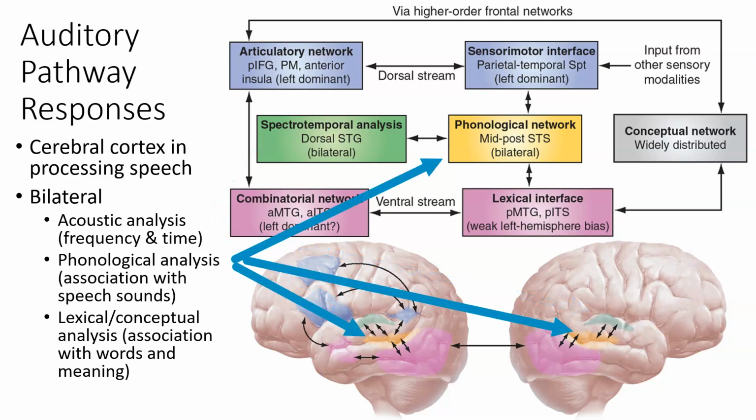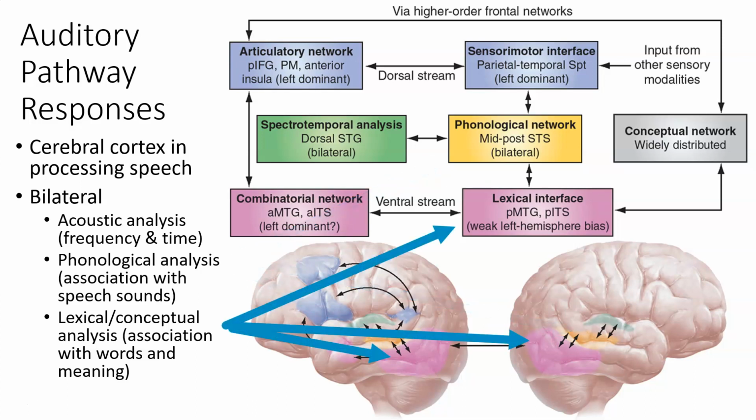We have phonological analysis associating these spectrotemporal frequency and time components with individual speech sounds, in the yellow area in the box diagram indicated as the phonological network, and on the brain image in a more central part of the temporal lobe. We also have that information then getting associated with words and meanings in a lexical and conceptual analysis, indicated in the pinkish purple, a little more laterally along the temporal lobe.